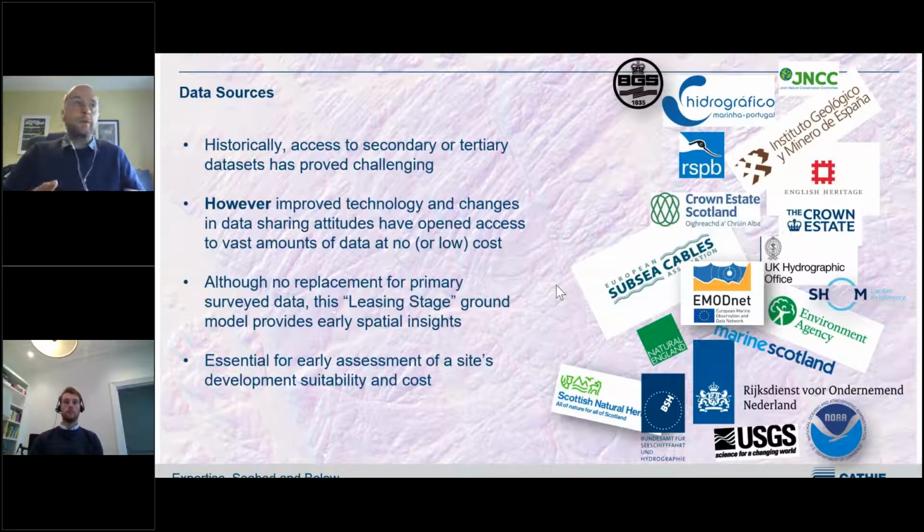Sources such as the Crown Estate, Marine Scotland, and the RSPB, for example, would feed in at more of an environmental or socio-economic level. But at that early stage of development, these are also key data sets to consider alongside the ground conditions themselves.